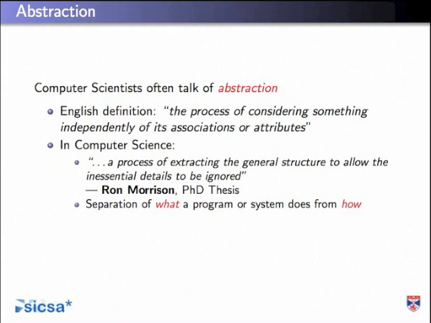As far as computer science is concerned, this is a definition I got from Ron Morrison's PhD thesis. Ron Morrison was the former head of department at St Andrews University, an emeritus professor, retired now, but our old head of school. This is the best computer science definition I found, from his thesis: a process of extracting the general structure to allow the inessential details to be ignored.